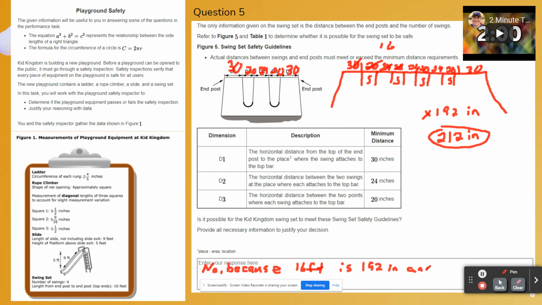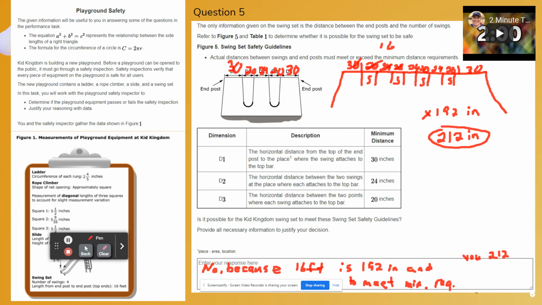And to meet the minimum requirements, and these words are up here, so if you don't know how to spell them, you can look. Requirements, you need 212 inches. So it is not long enough.